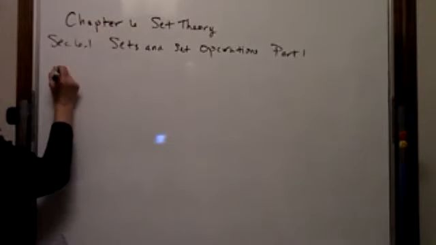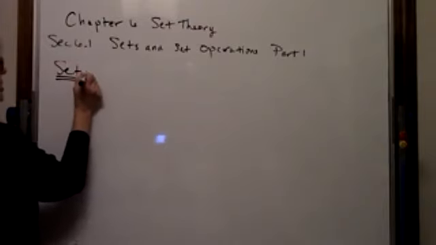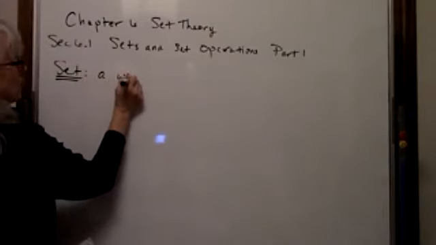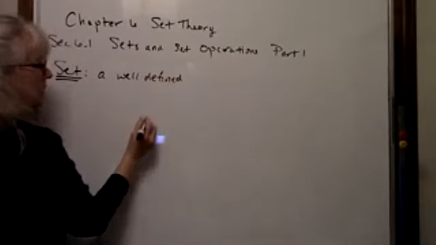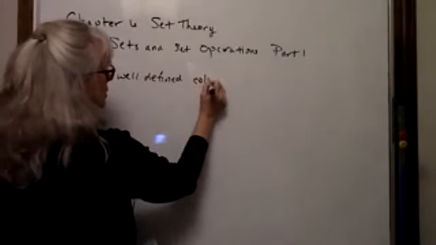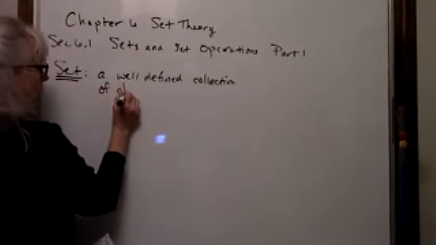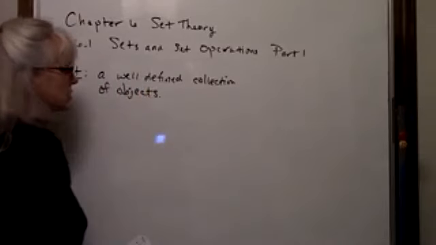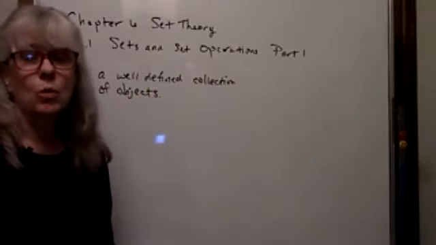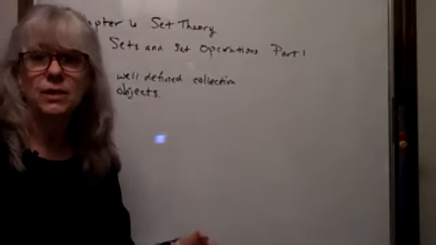So the very first thing I would like to define is the idea of a set. A set is a well-defined collection of objects. Something that would be well-defined would be the set of students in the class that are over 6 feet tall.